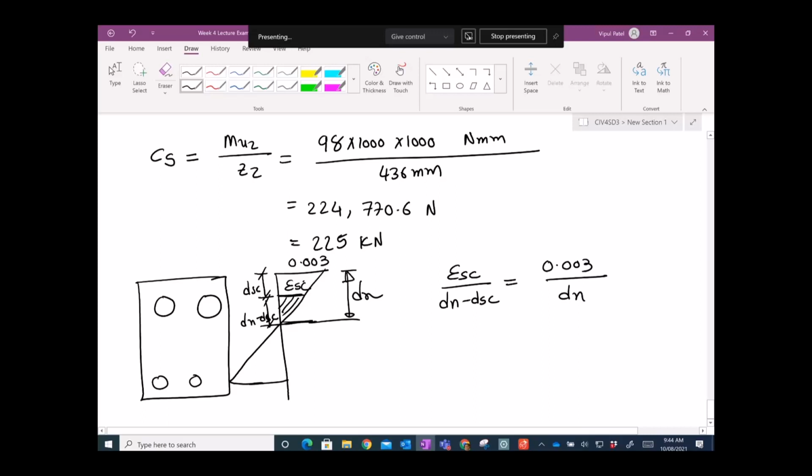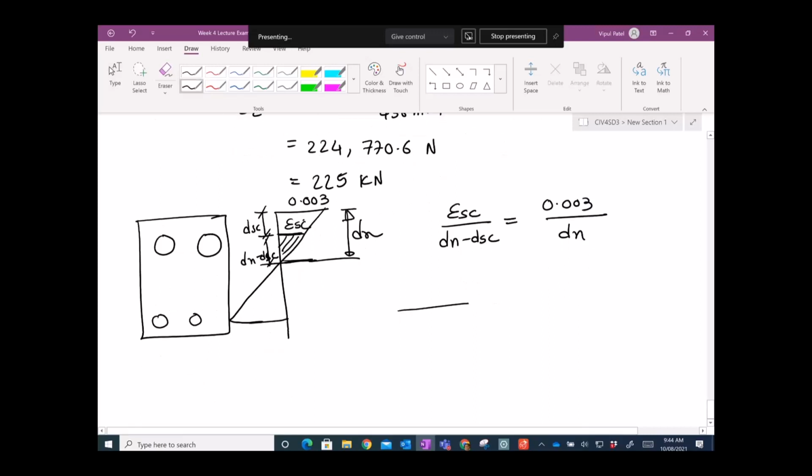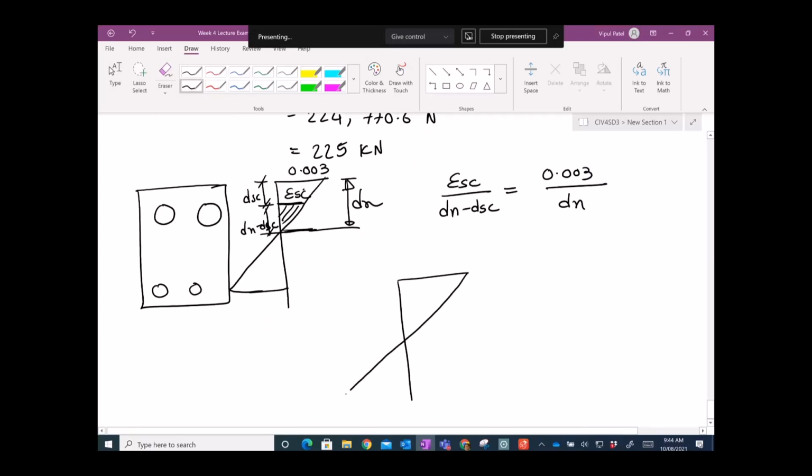I hope you understand these two triangles. I can draw it up neatly here: this distance is dn, this strain is ESC, and this distance is DSC. If I want to calculate this distance, that would be dn minus DSC. So if I use this triangle, I can make it this one.